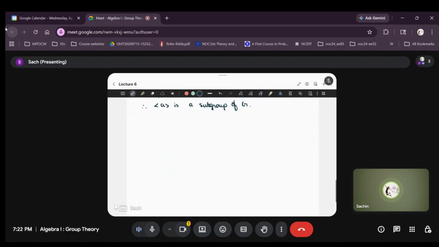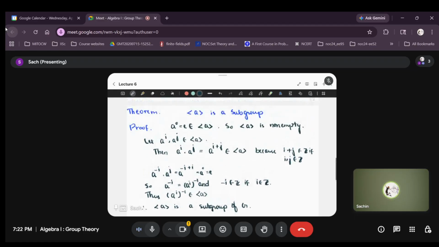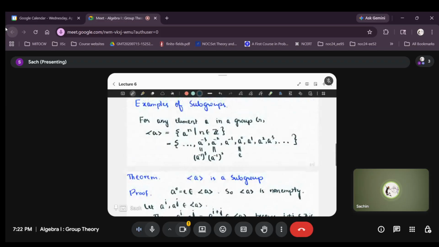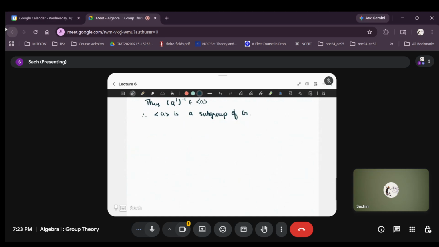Now we need a name for this. The symbol is notation to write it down, but how do you say it?